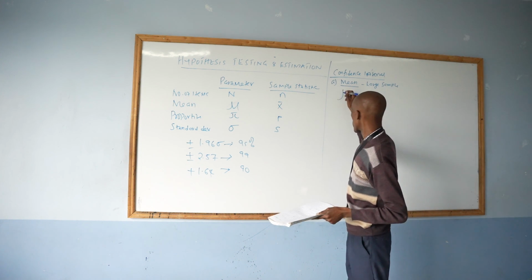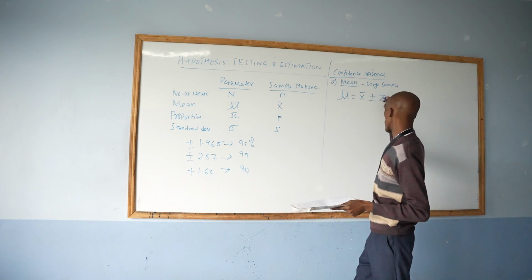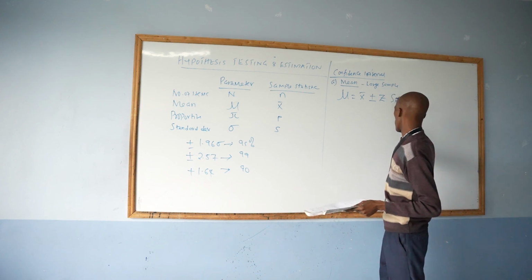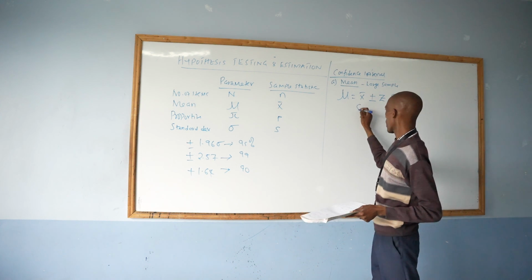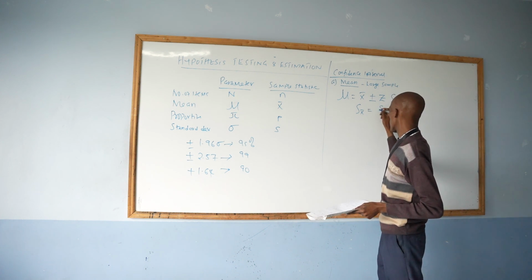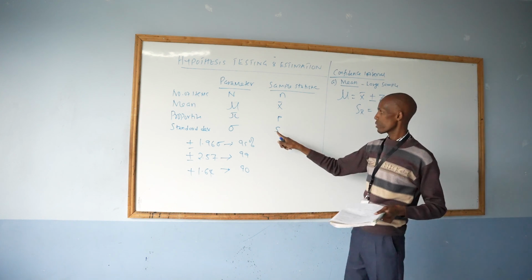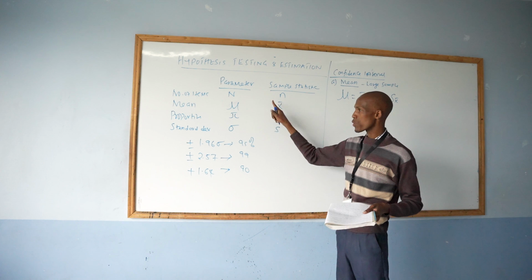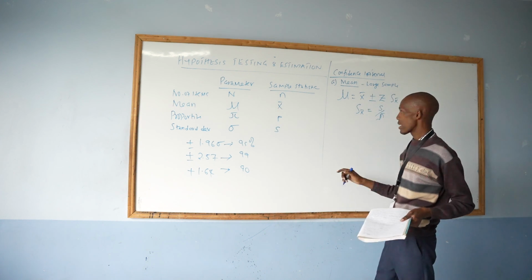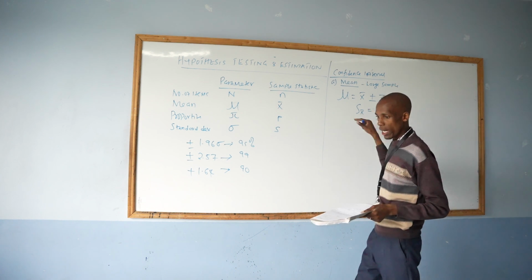It is given as the mean equals the sample mean plus or minus z-score, and z-score can be any of these, times the standard error. This is called the standard error of the mean, given as s divided by square root of n. s is the sample standard deviation. Remember we are using the sample to make a conclusion about the population. n is the number of items. This z-score applies when we are talking about a large sample.